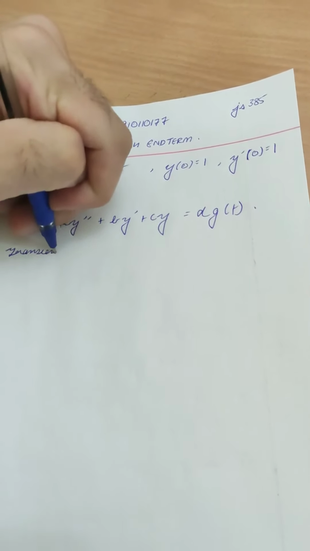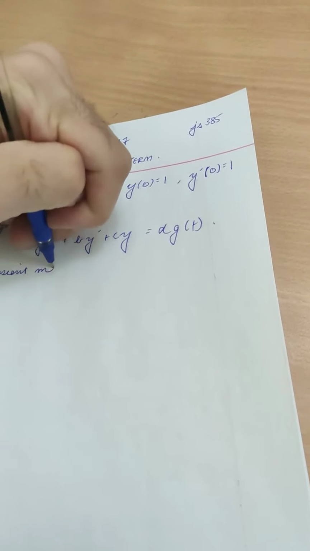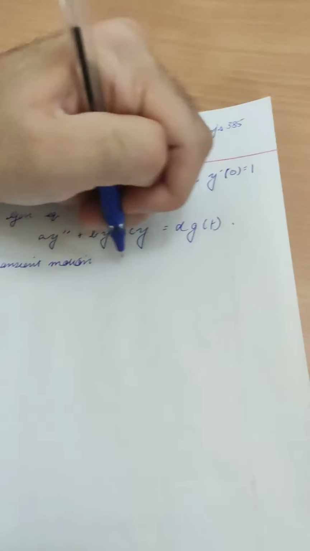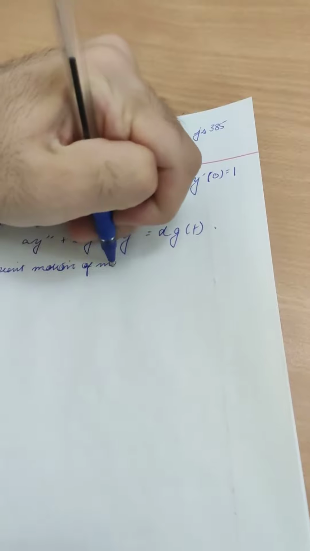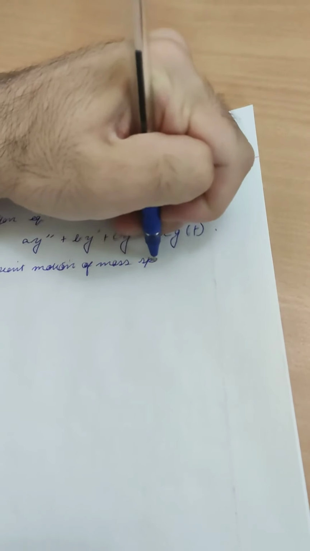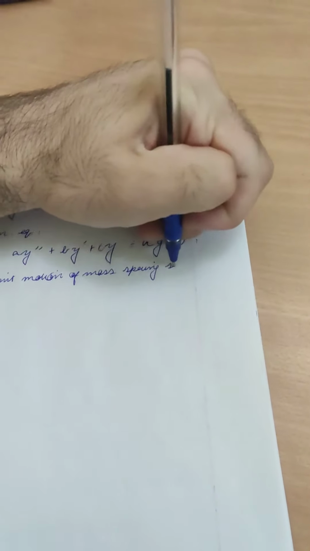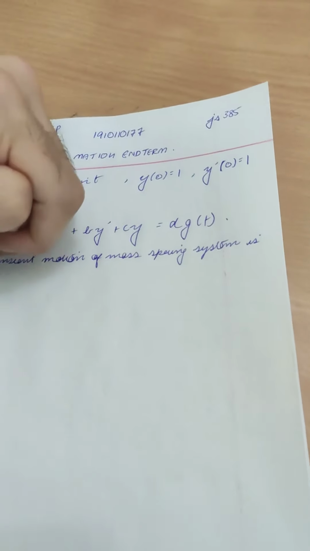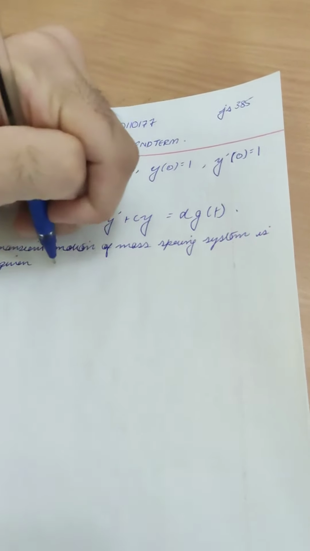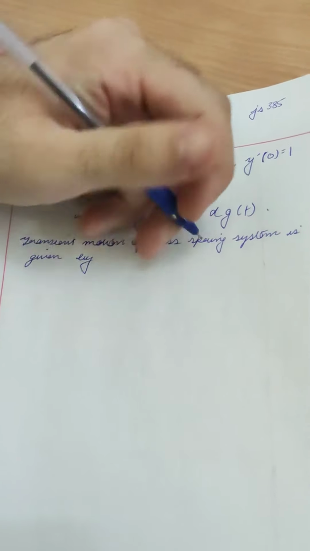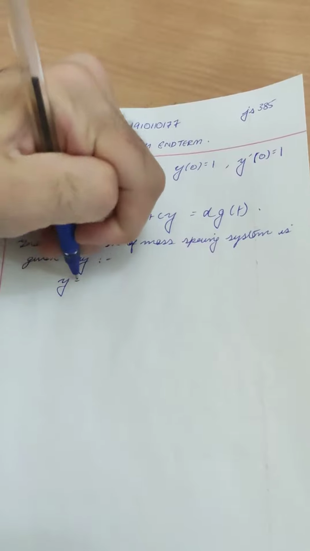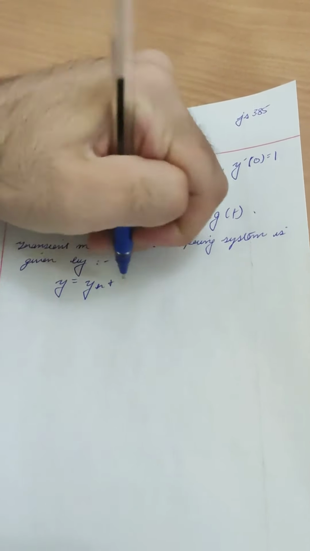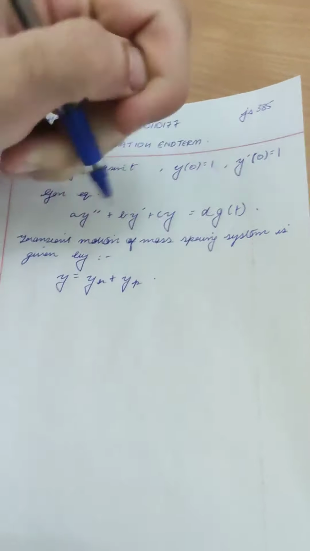Now we also know that the transient motion of the mass spring system is given by y equals y homogeneous plus y particular.